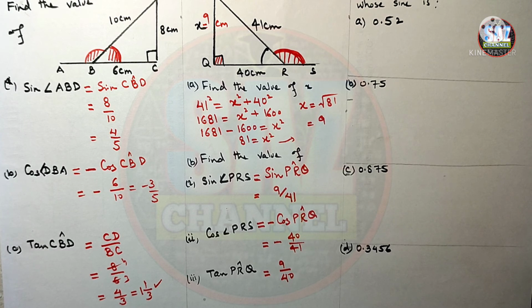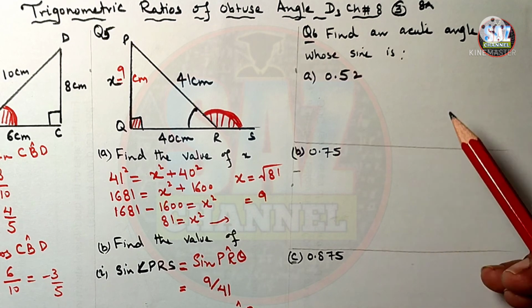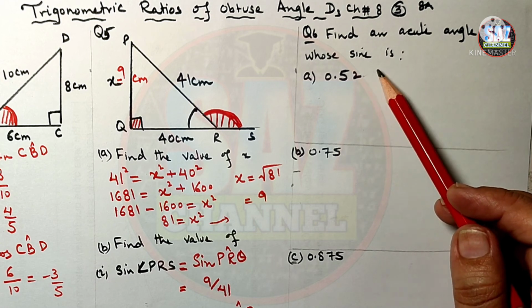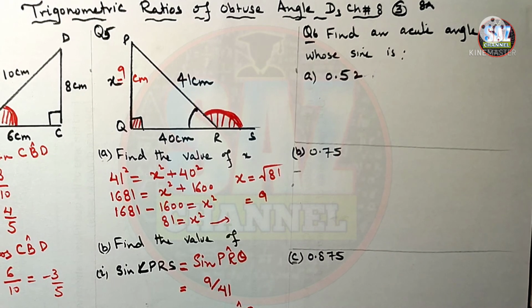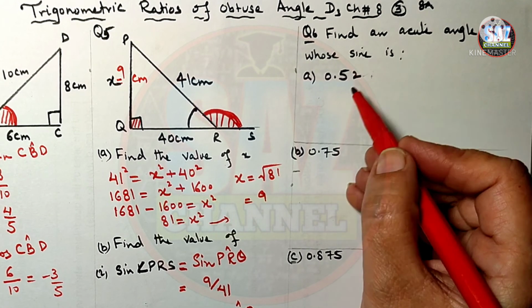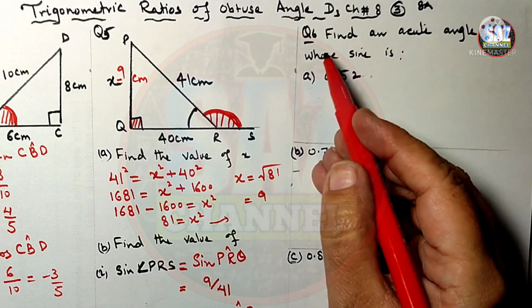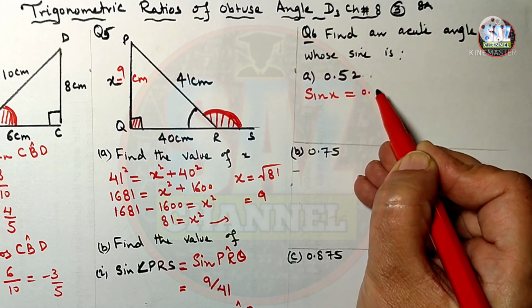Moving to question number 6, which says find the acute angle whose sine is given. As in the question the value is positive, it means that you have to take the acute angle. So let the angle be x, and as the values of sine are given, sine x will be equal to 0.52.